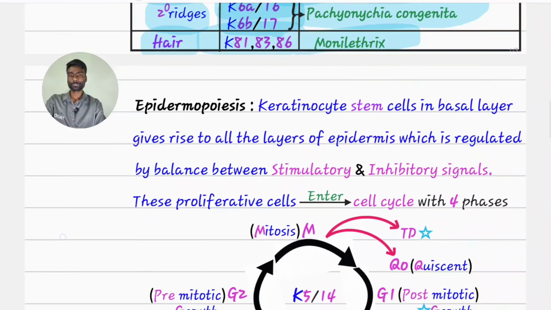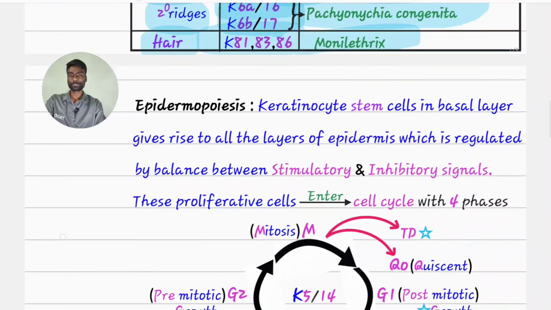Epidermopoiesis means production of epidermis by keratinocyte stem cells present in basal layer, which gives rise to all the layers of the epidermis. This epidermopoiesis is regulated by balance between stimulatory and inhibitory signals.